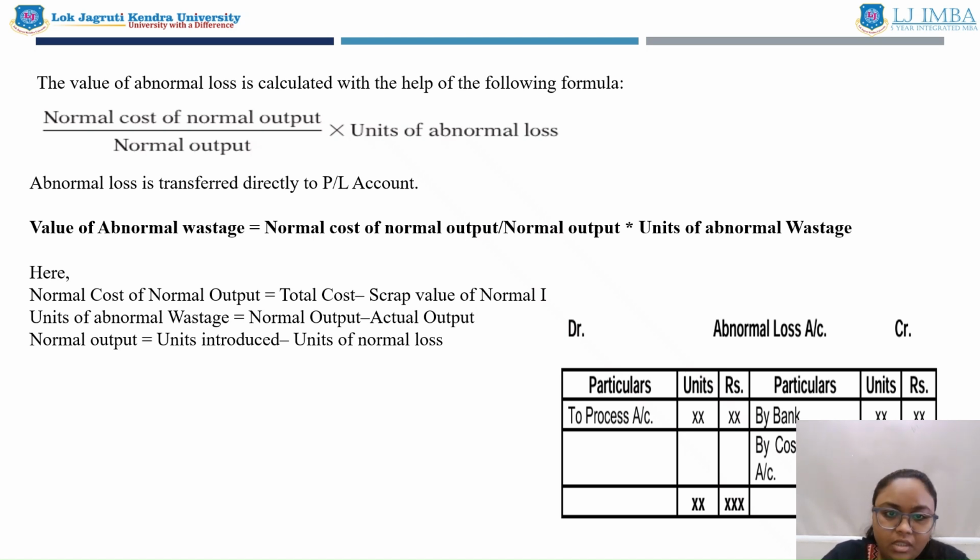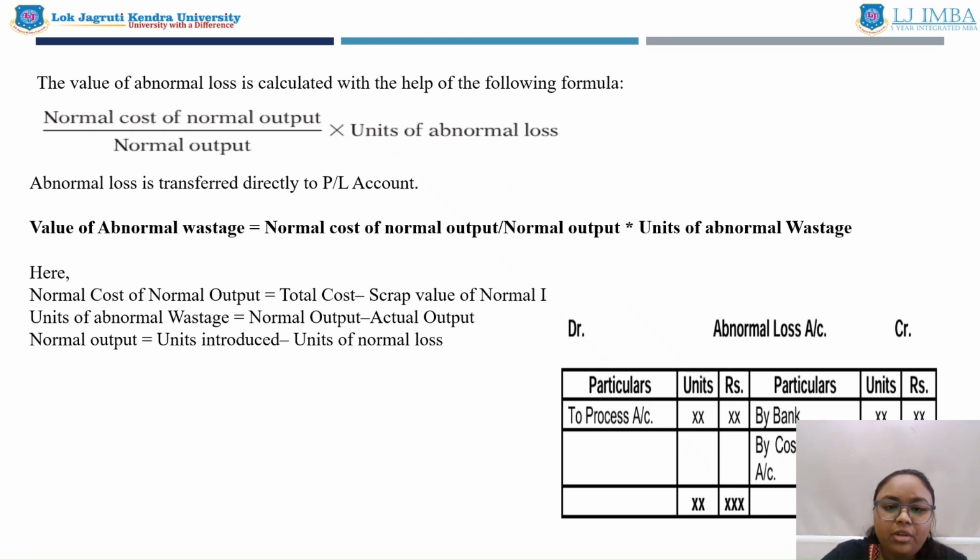Now, how will you find the value of your abnormal loss? Abnormal loss is calculated with the help of the following formula. Normal cost of normal output, as we have discussed what is normal cost of normal output, we are well aware, divided by the normal output. We know what is normal output: input minus the normal loss units, into the units of abnormal loss.